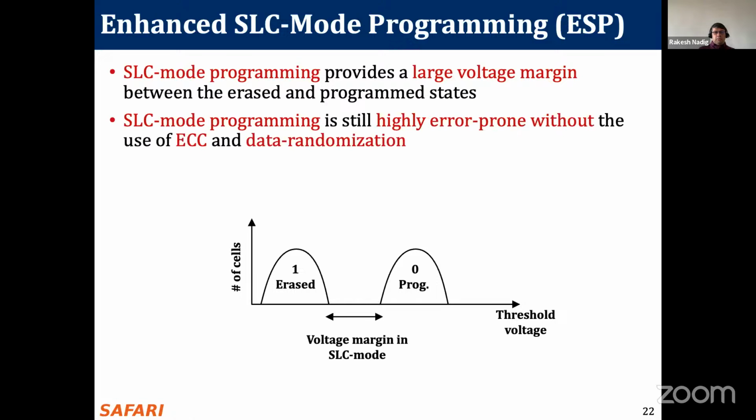But this voltage margin is not large enough because we do not use ECC and data randomization techniques. So without those two reliability techniques, we are still very highly error prone when it comes to SLC mode programming, and we need to address this while performing in-flash computation.